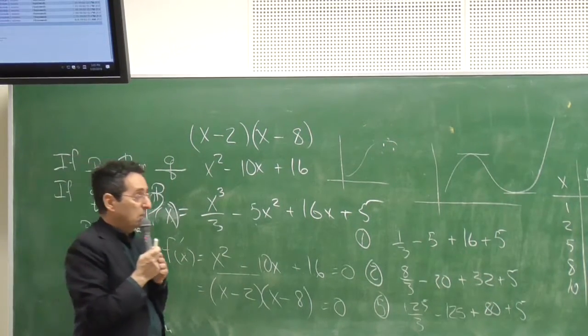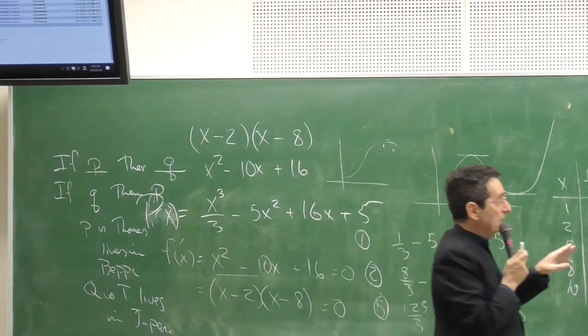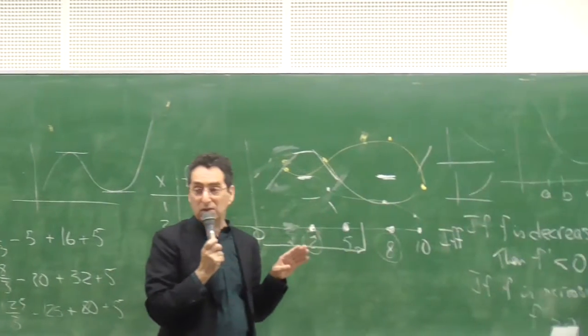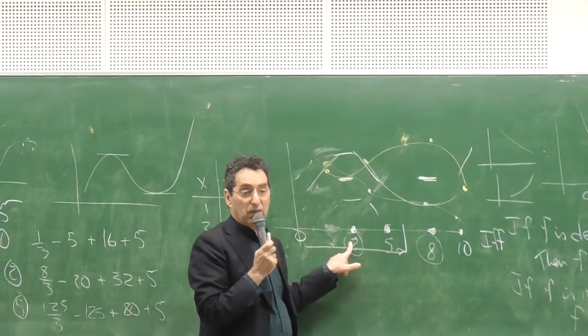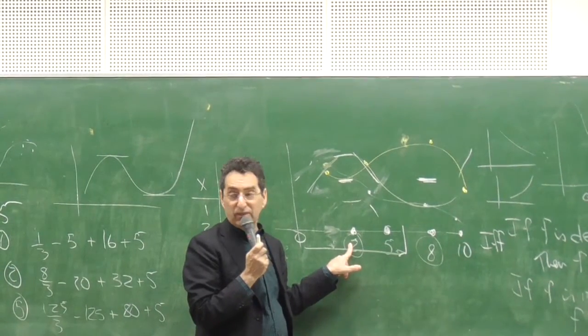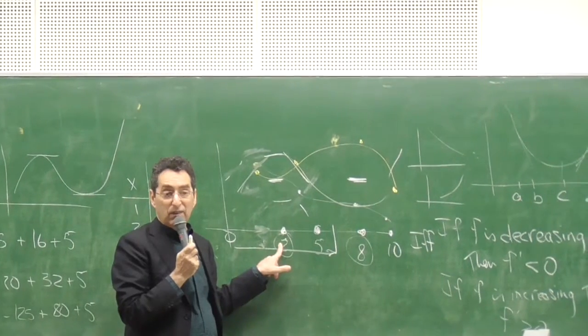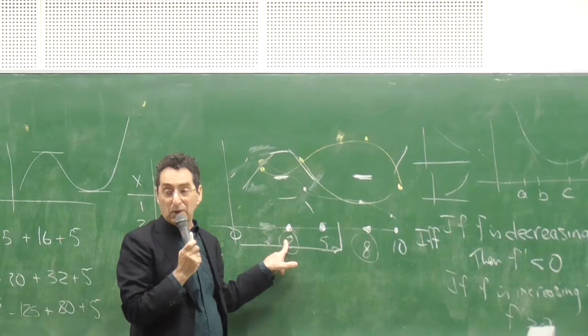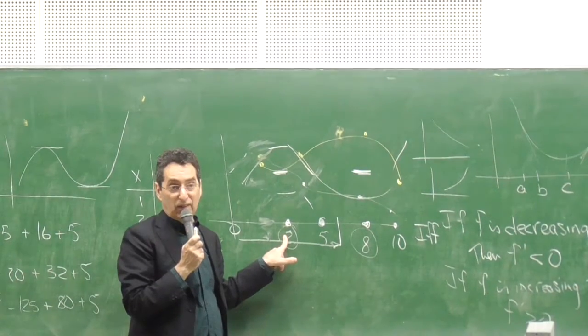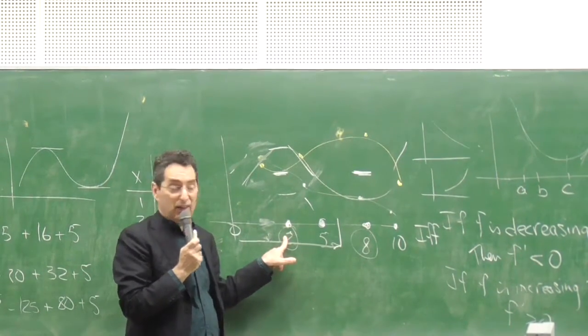So the math is, what's the idea? If you want to find the local minimum and local maximum, what are the steps that we follow? First, we find where the derivative is 0. And then we want to decide whether that's actually a local maximum or a local minimum or neither. And how can we do that?